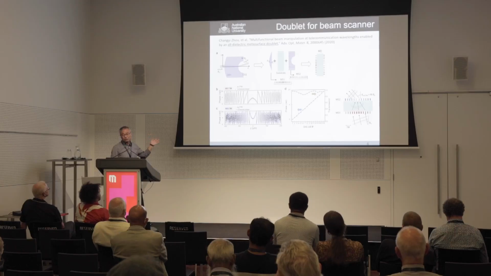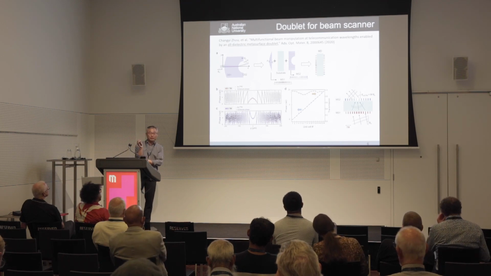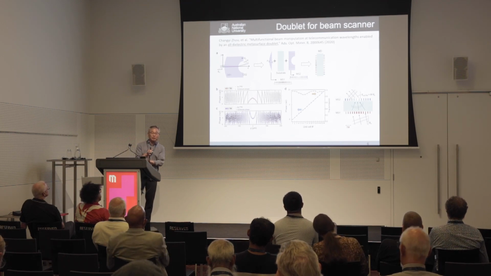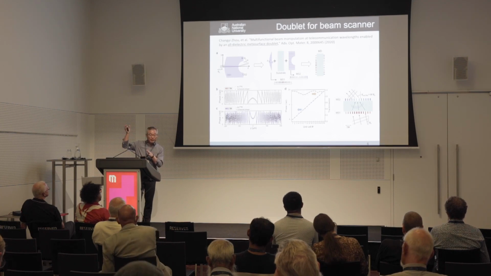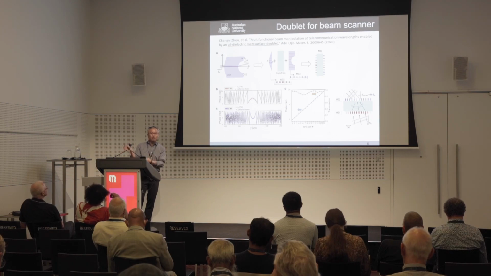Another one is on both sides of the substrate. In this project, we wanted to make a beam scanner for LiDAR application. For solid state LiDAR, normally LiDAR has some moving parts, but we wanted to remove these moving parts. For doing that, we need some light scanner.